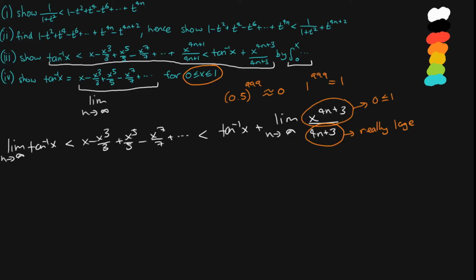So we're saying that the limit as n goes to infinity doesn't affect the inverse tan x because there's no n. So in a way, since this thing goes away, our sum gets squeezed between the two inverse tans.